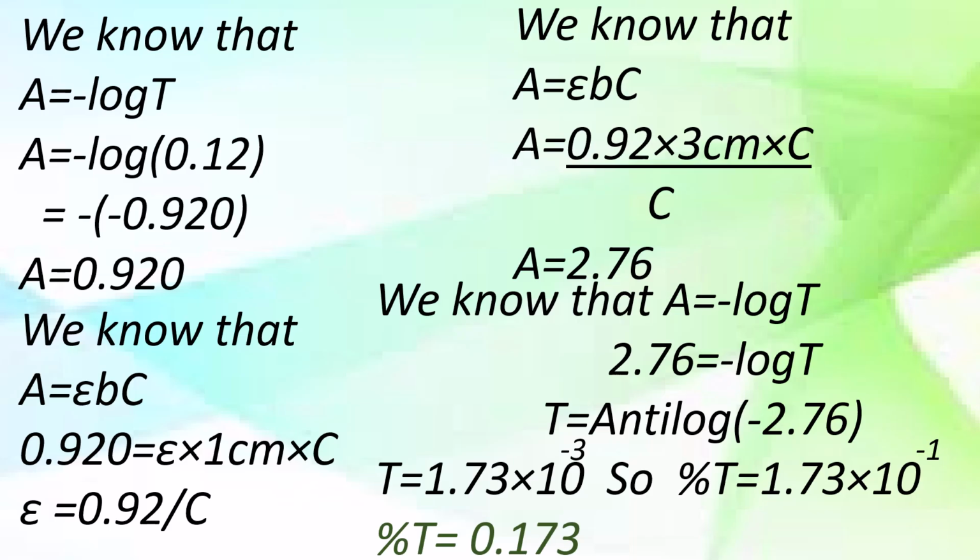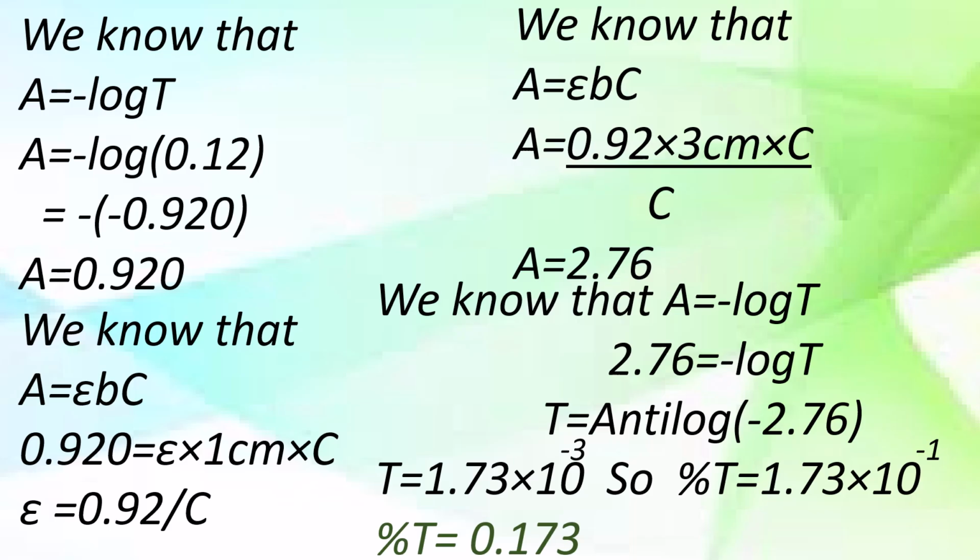So epsilon is equal to 0.92 divided by C. Now A is equal to, in place of epsilon we will write 0.92 over C, multiplied by path length 3 centimeter, multiplied by concentration. Concentration is cancelled. 0.92 multiplied by 3, answer appears 2.76. So this is the absorbance.